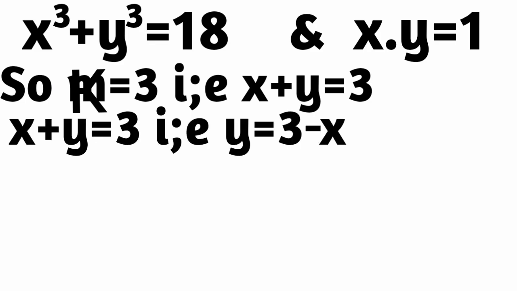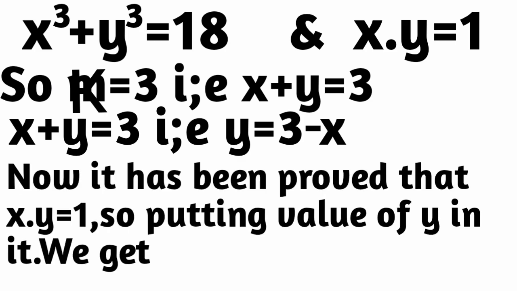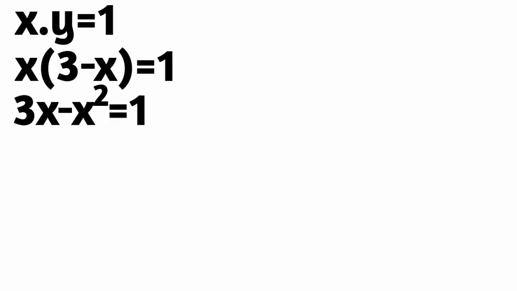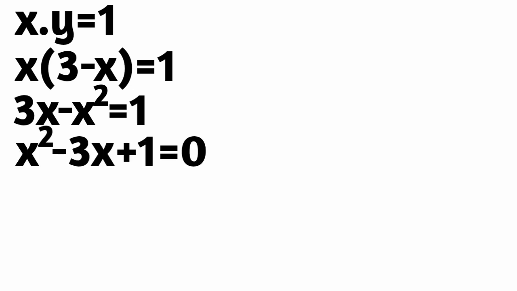Now transposing x to the right side, we can find the value of y as 3 minus x, and putting this value of y as 3 minus x in the expression x into y equal to 1 and solving it, we find a new quadratic equation, which becomes x square minus 3x plus 1 is equal to 0.